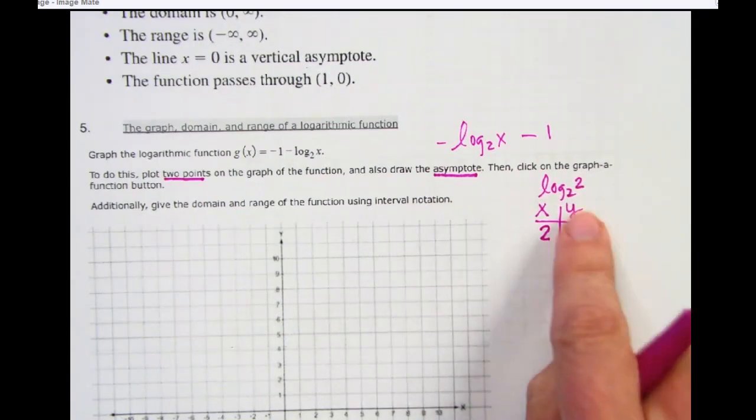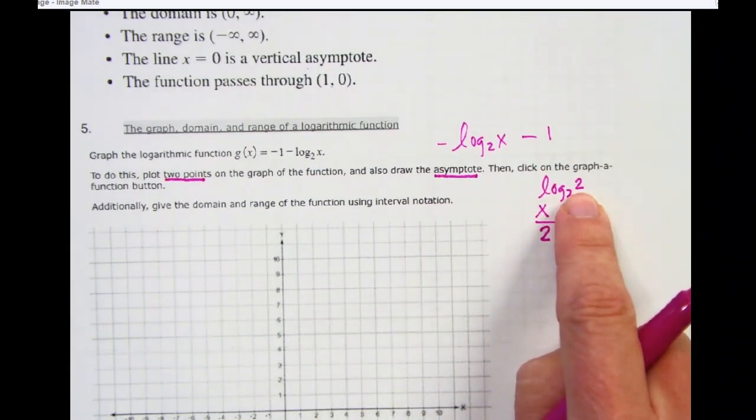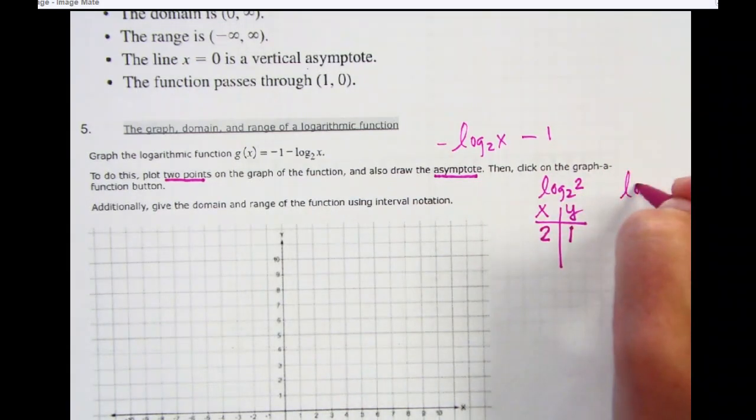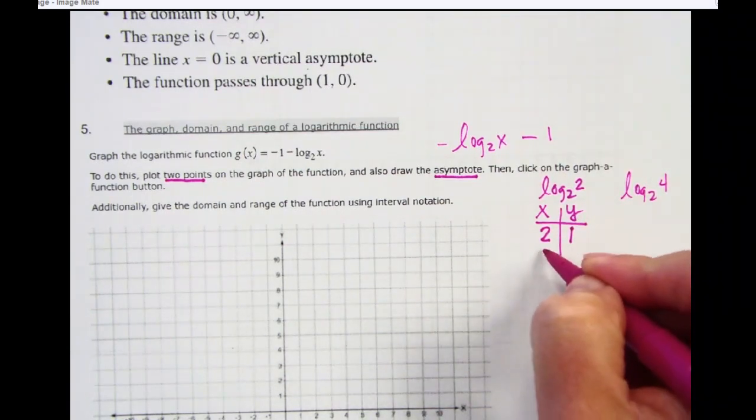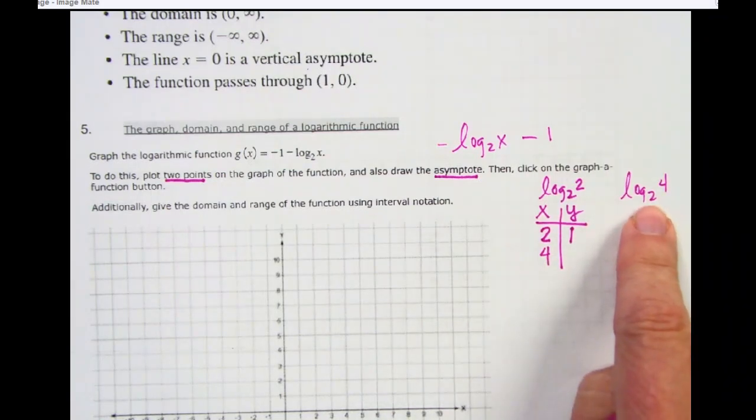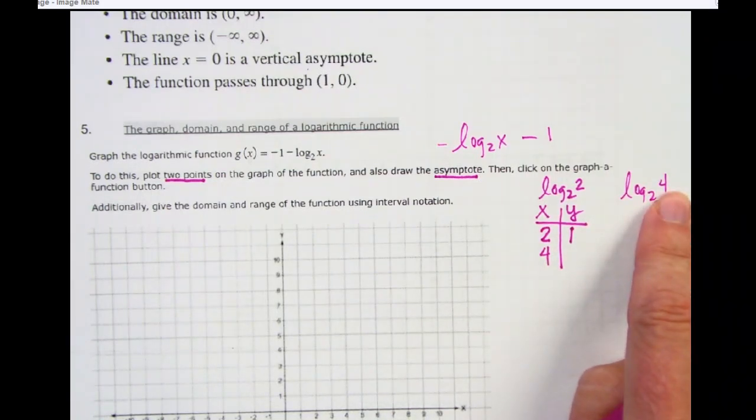All right, what's another easy number to put in right there for x? 4 would be a great one. So let's do log base 2 of 4. You bet. So if I let x equal 4, how many 2's does it take to get to 4? 2.